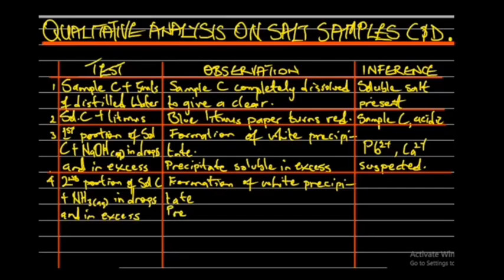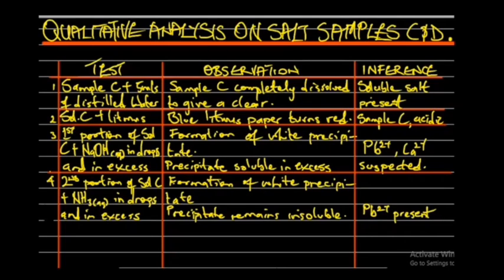The precipitate remains insoluble in excess aqueous ammonia. So that told us that there was a probability of lead present in the substance.